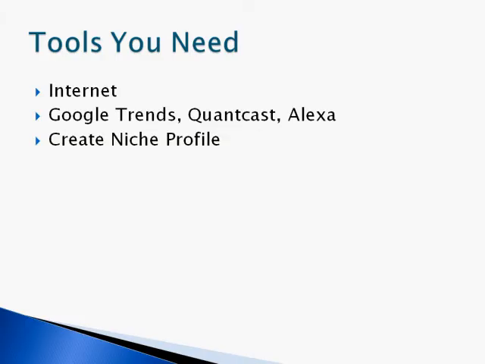Now I want to briefly talk about the tools that you're going to need. Fortunately for you, we're just going to be using the internet. So we're going to use websites like Google Trends, Quantcast, Alexa, and more. You also will need to create a niche profile. What I mean by that is, let's say you are creating a Facebook campaign about candles.